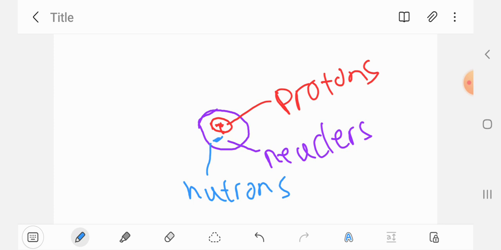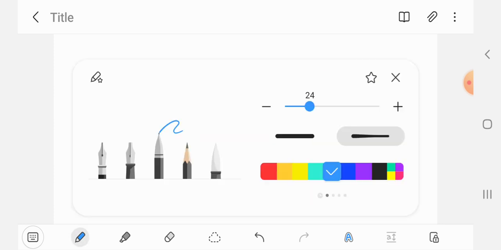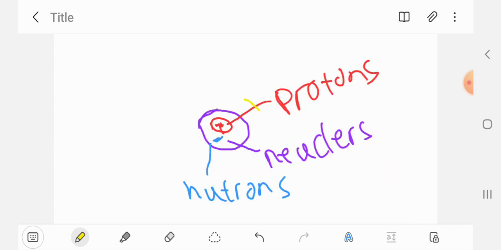Now apart from the first layer, which is the nucleus, we have outer layers. So how do we get outer layers? Let's take for instance that we have another outer layer like that.